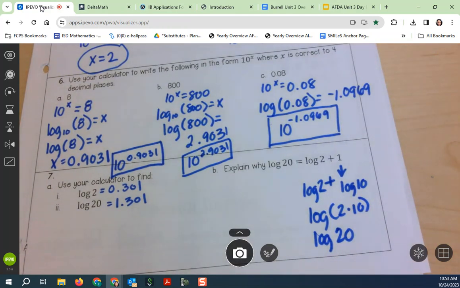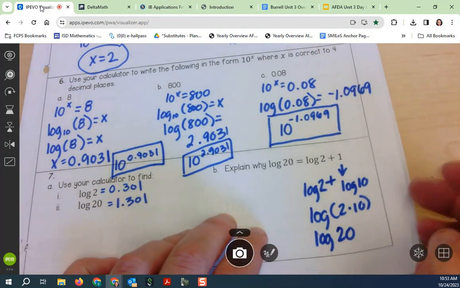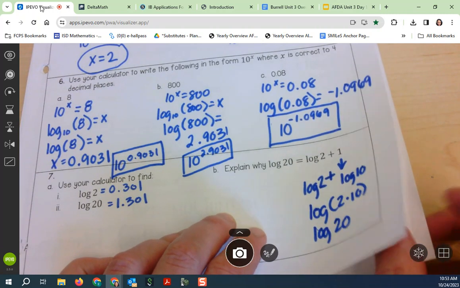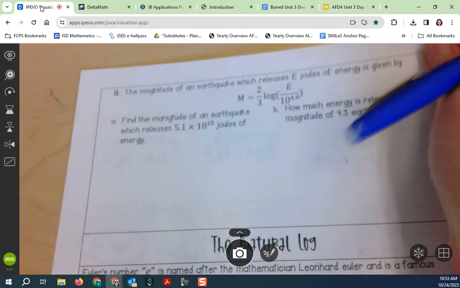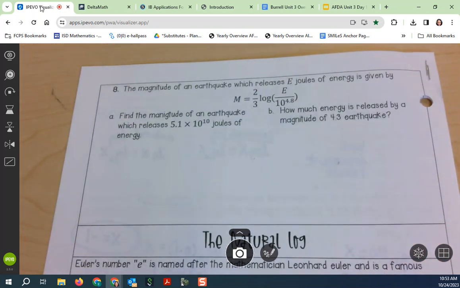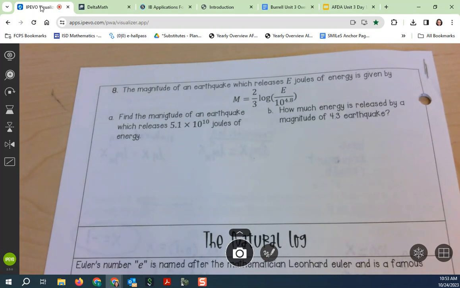Let's do our last page of logarithms. We have an earthquake example. Logarithms always have an earthquake example. The magnitude of an earthquake which releases E joules of energy is given by this equation. Find the magnitude of an earthquake which releases 5.1 times 10 to the 10th joules of energy. So we're going to put that number for energy, and we're going to evaluate it.